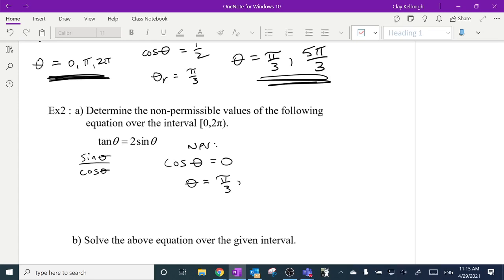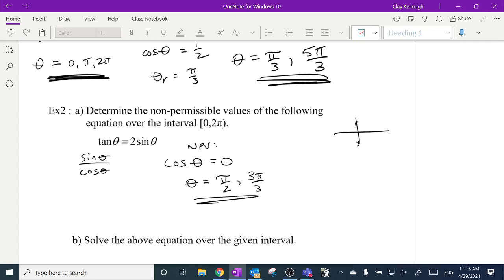So, didn't I say 2 and then I wrote a 3? Yeesh. And what's the other one? Cosine is 0 at pi by 2 and 3 pi by 2, right? Right? Here and here, cosine 0, right? Okay. So there we go.